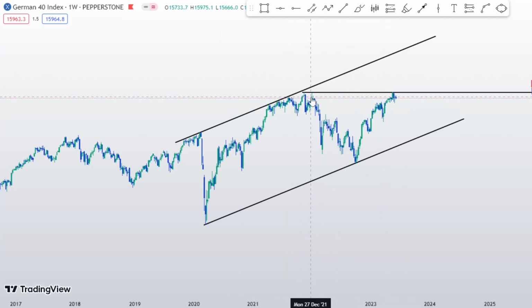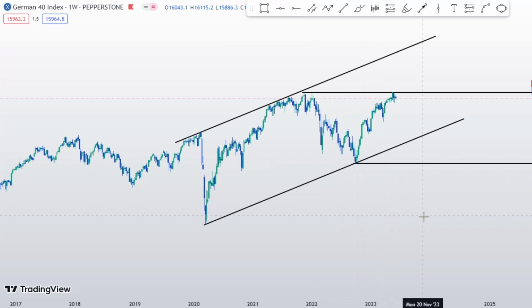This is my highest resistance, which the market hit here the first time, went down and came back up. Secondly, I have my lowest support here on weekly, which is not going to be of importance right now because the market is still a bit far away, but I'm going to throw it in.